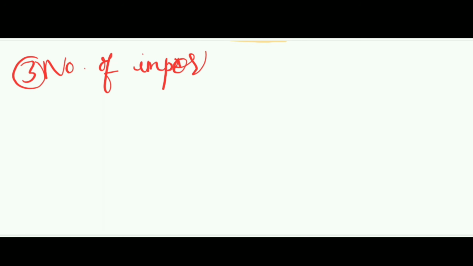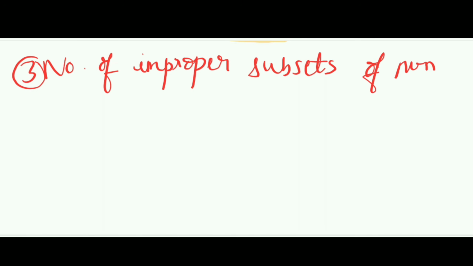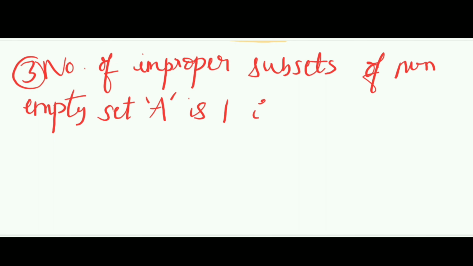I have already discussed it just now. Improper is the opposite of proper, that means A is equal to B. If you want to know the number of improper subsets of a non-empty set, meaning it should not be a null set, suppose the set A is 1, it is A only. So the improper subset will be A only.